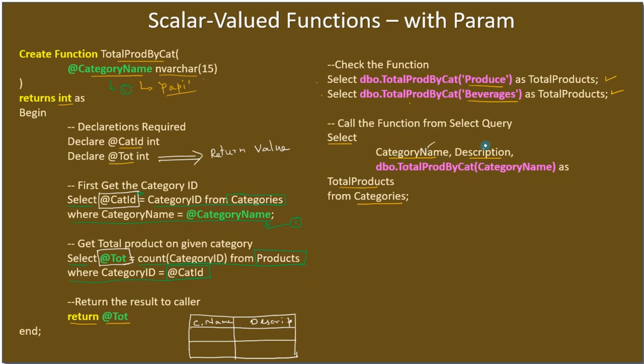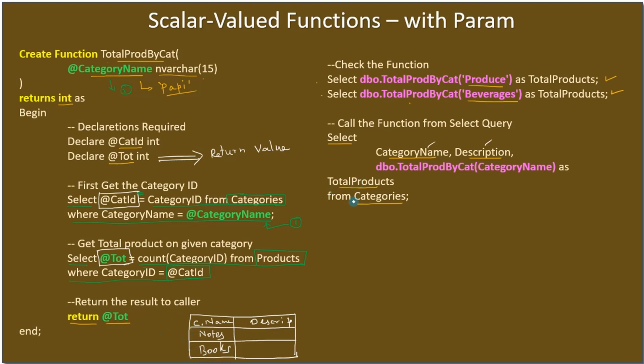Category name, description, and one more column we want to display, but that column is a part of the function, right? Total by prod cat. So let's state that the table contains, for example, 2 rows, and the first product category is notes and the second category is books.